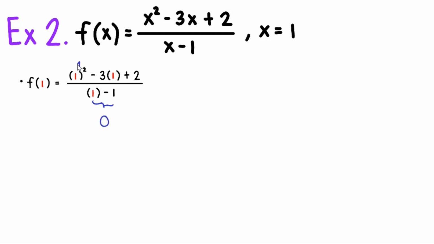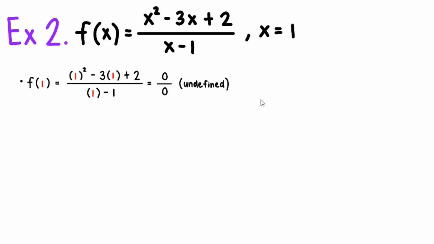For the numerator, this just becomes 1 minus 3 times 1, which is 3, plus 2, and adding these would give us 0. So we'll have 0 over 0, and since we are dealing with the value of a function and not its limit, then we know that this one is indeed undefined. So f of 1 doesn't exist.